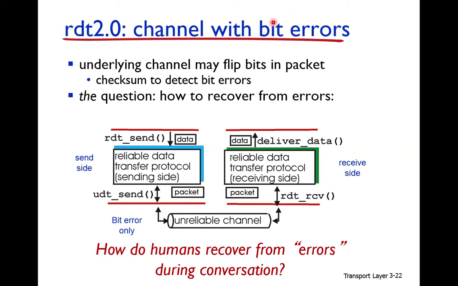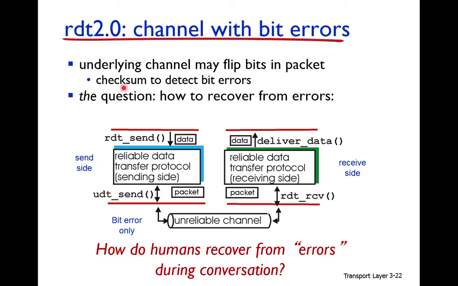So if there is only bit error, how can we recover from the bit error? In this case, what should the transport layer do? The question is how to recover from the errors. We have already discussed a scheme for bit error: checksum.